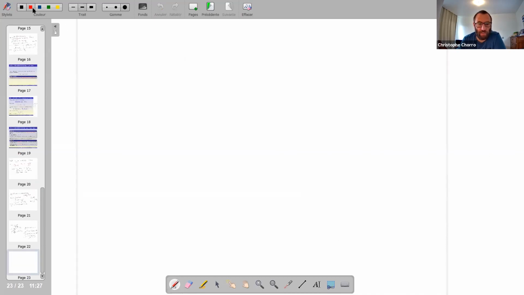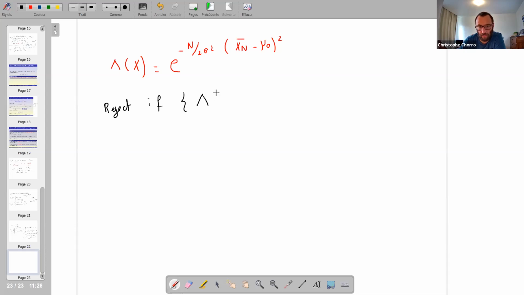To obtain what? To obtain that delta of x is equal to exponential of minus n over 2 sigma square times xn overline minus mu 0 square, okay? And so keep in mind that in the likelihood ratio test, I will reject if delta of x is less than a particular level.